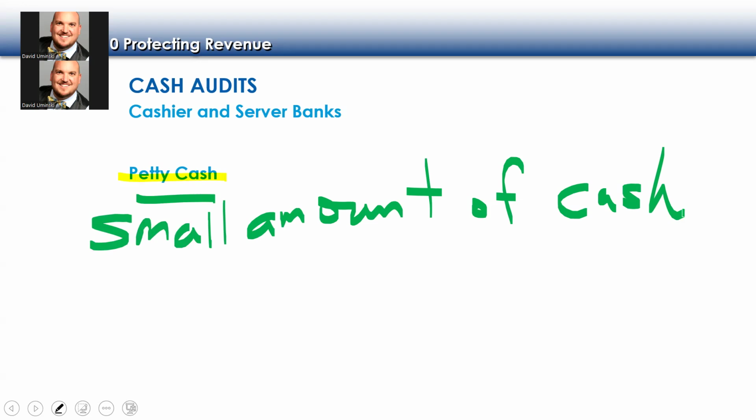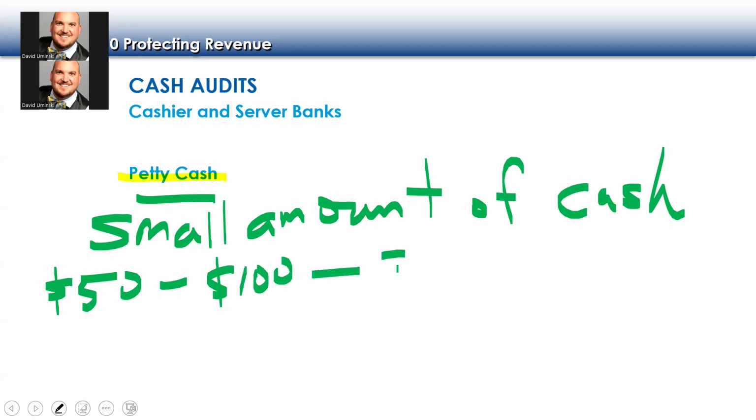It's basically used for emergencies. Okay. Depending on the restaurant, it's anywhere from 50 to 100, maybe $200, but it's not much comparatively. And so the way it works, it's used for emergencies.